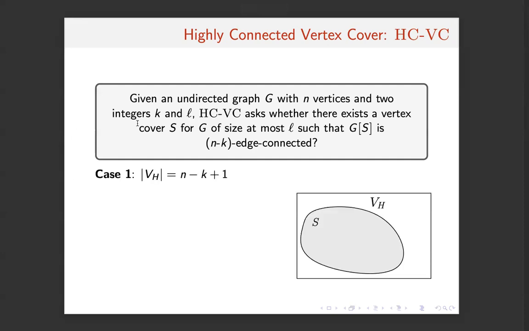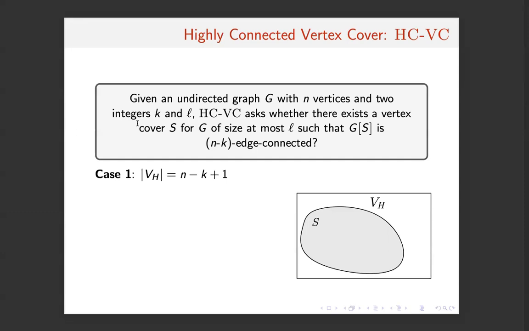When the cardinality of VH is exactly N minus K plus 1, then we have to do nothing more. We will check whether the graph induced on VH is N minus K edge connected and forms a vertex cover. If this is no, then we will say no instance, otherwise we will say yes.